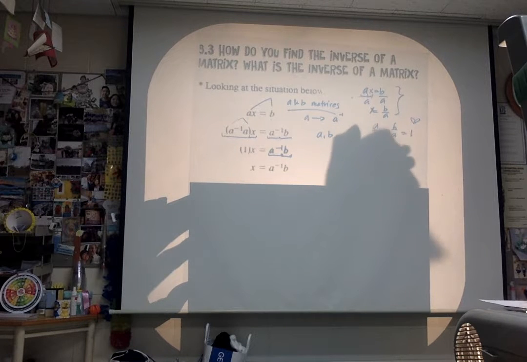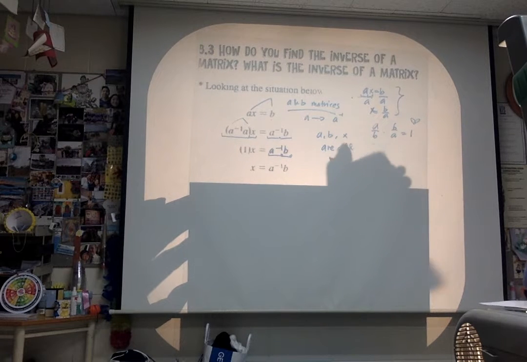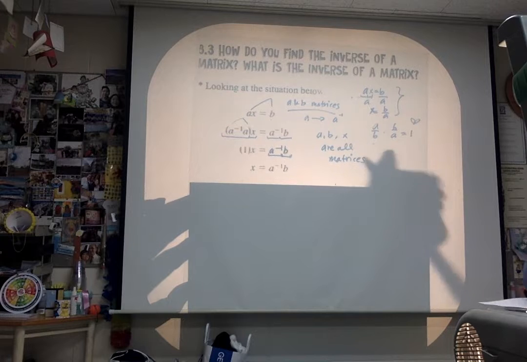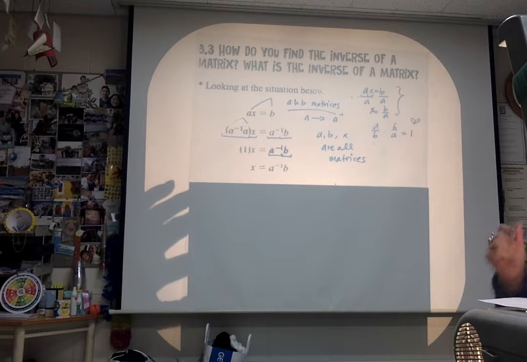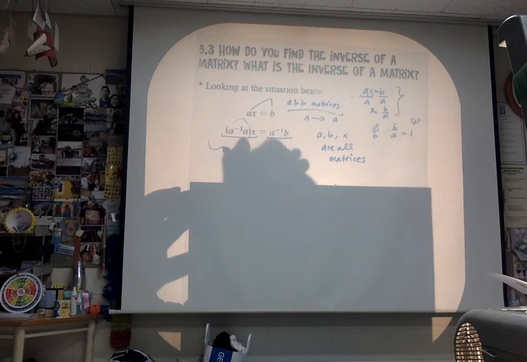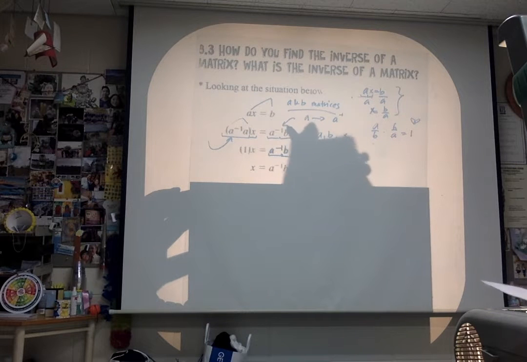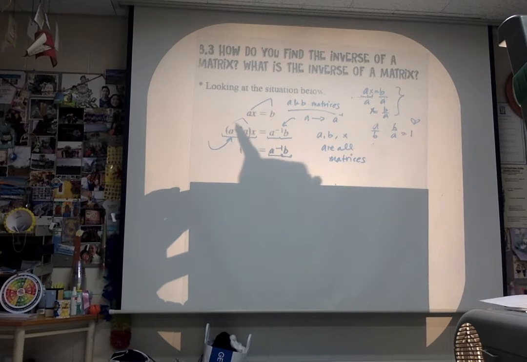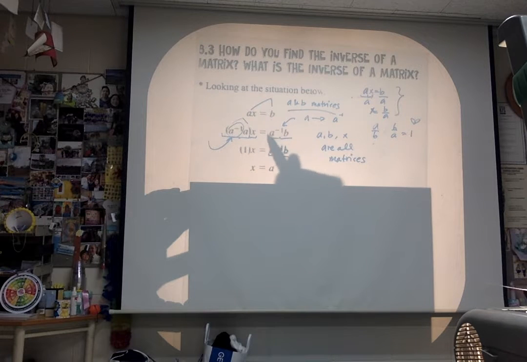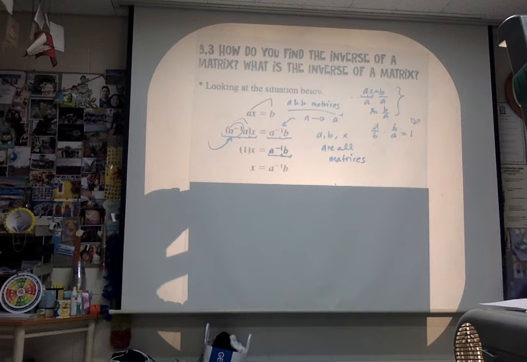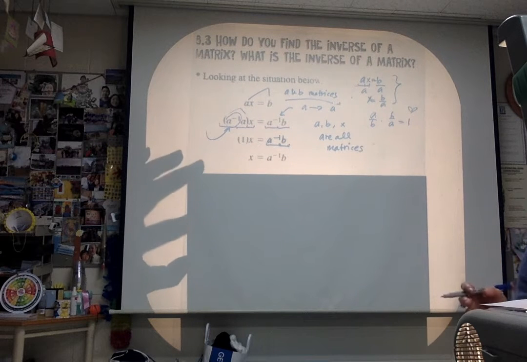So A, B, and x are all matrices, really. The only thing you have to keep in mind is if you multiply the A inverse on the left side, you have to multiply on the left side of the B too. You have to multiply in the same position. We'll do more cases of that.